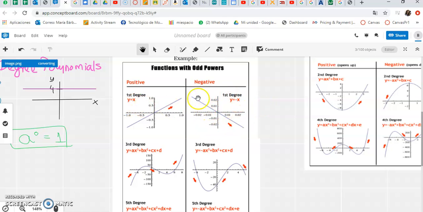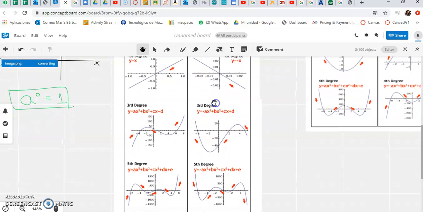Now, let's see, besides, we have when the leading coefficient is negative, or the slope is negative in this case. Also, this is y equals minus x. Also, the x is being raised to the 1 power, but the leading coefficient is negative, so we have a descending line.